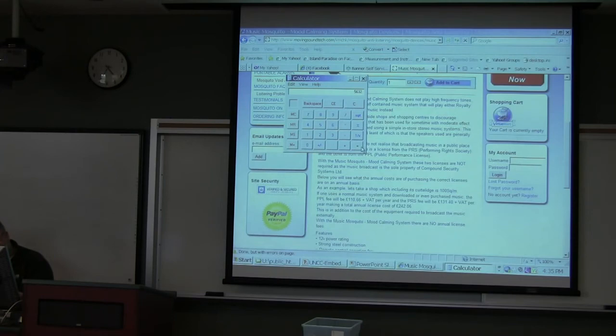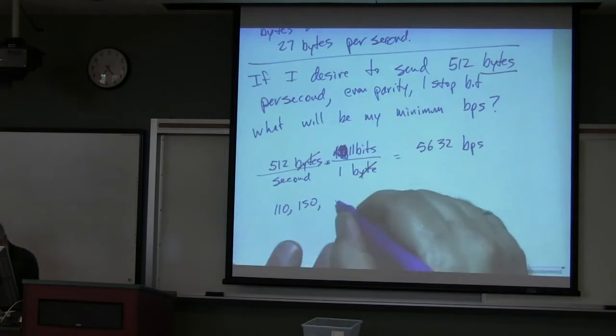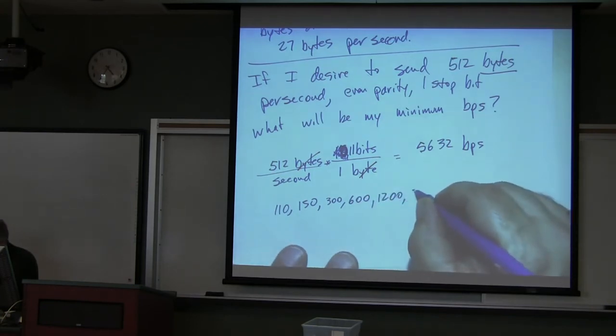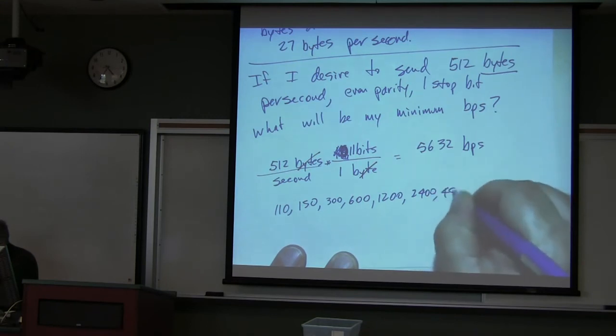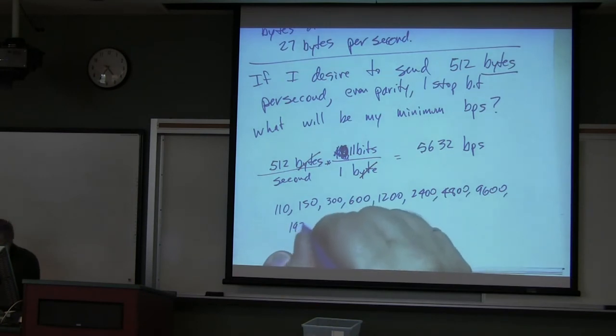I'm going to see if I can pull this up. So as it turns out, with our bit rate generator, we can communicate at 110, 150, 300, 600, 1200, 2400, 4800, 9600, 19200.